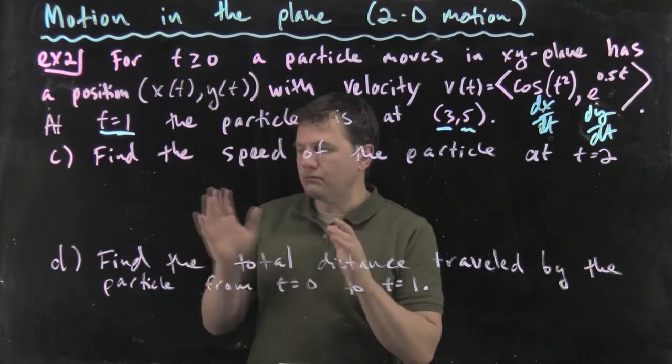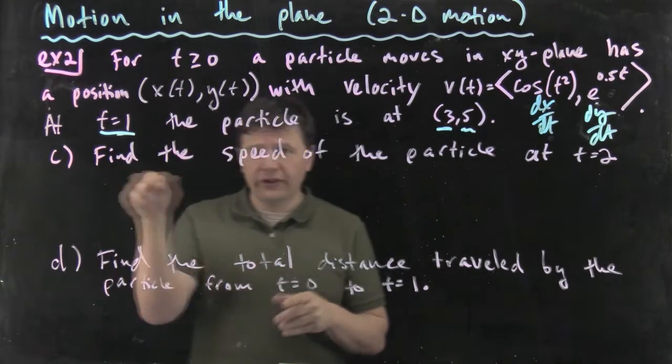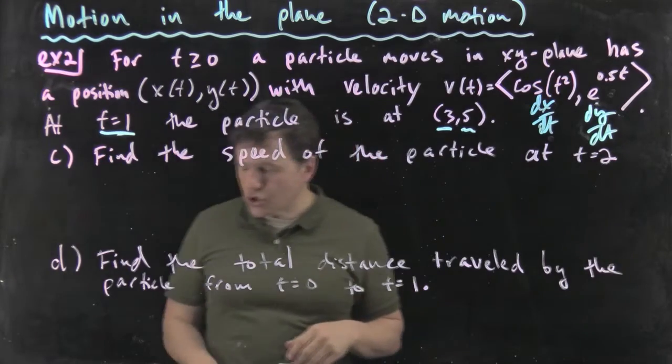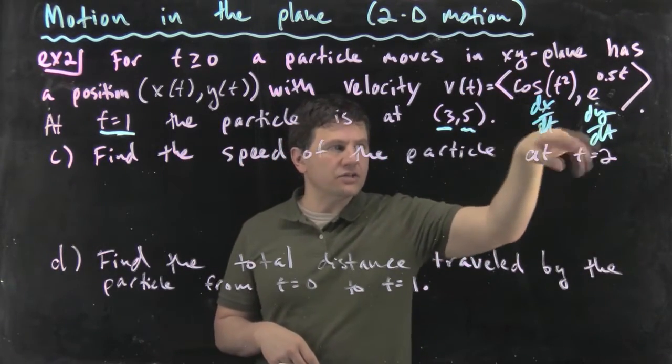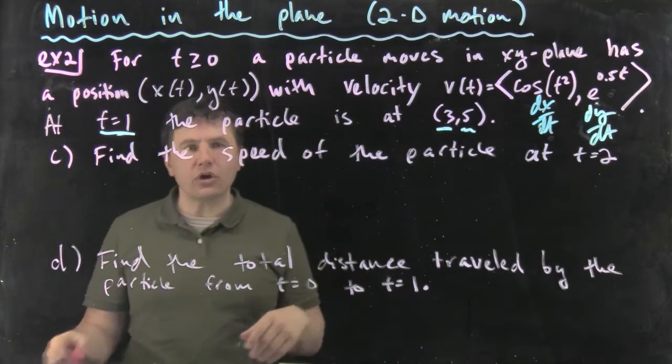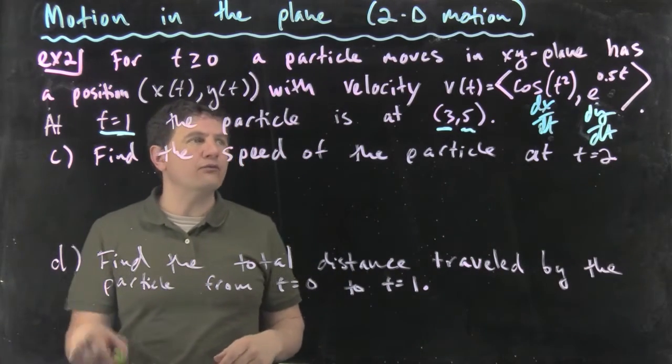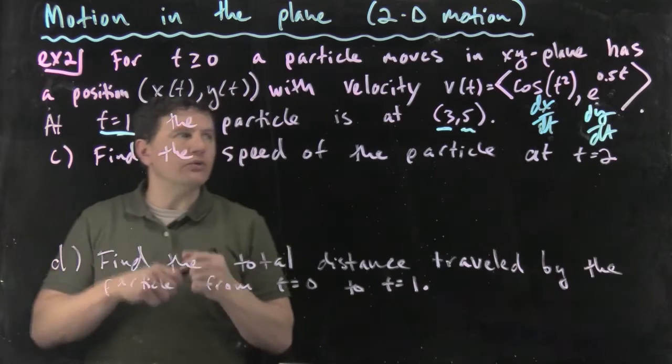Okay, last two parts here. C, find the speed of the particle at t equals 2. So we actually already have our derivatives, right? That's dx over dt, that's dy over dt. So really all we have to do is put that in that formula, but it's t equals 2.